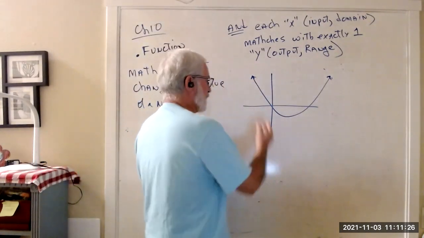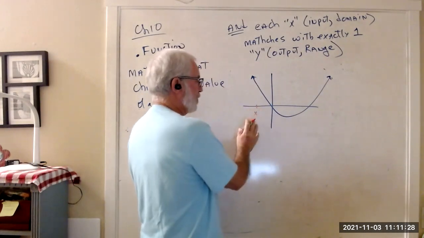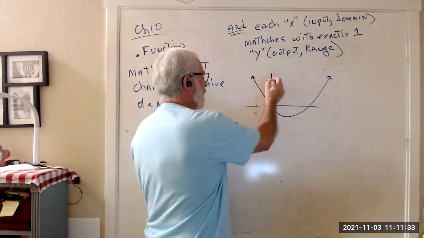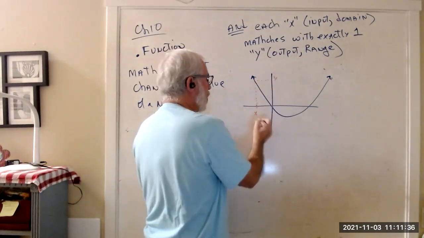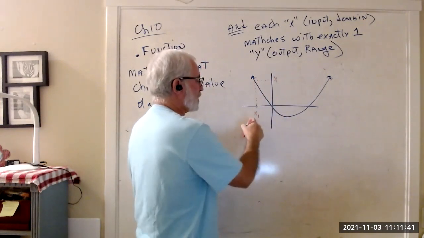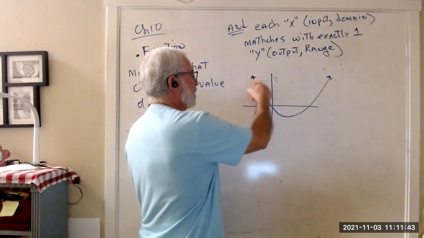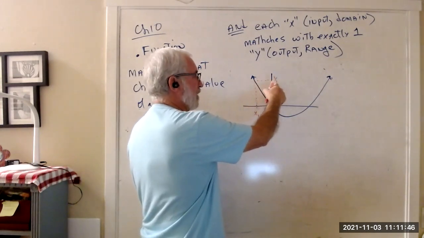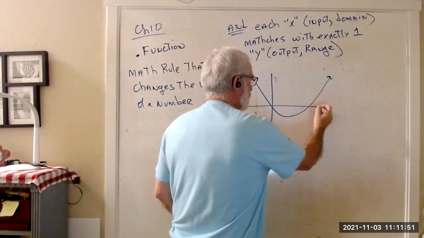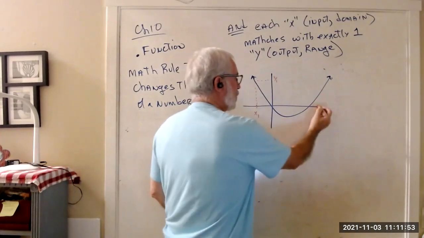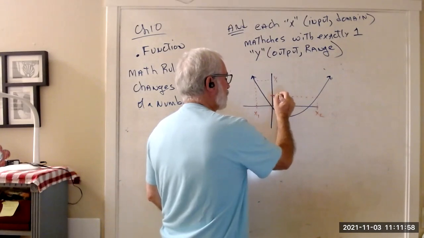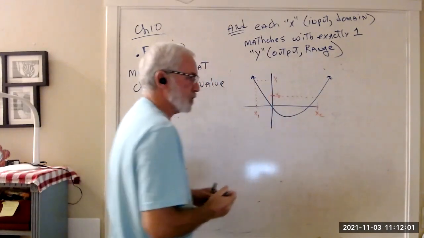If you pick an x, like here, x sub 1, and read up to the graph, over to the y, it only matches once. It's got one y value. Pick another x, let's call this x sub 2. Read to the graph, move back over. It only matches with y sub 2. It matches with one answer.